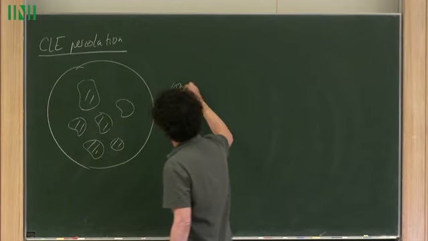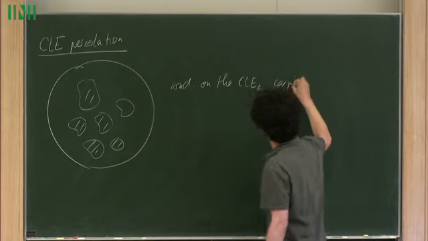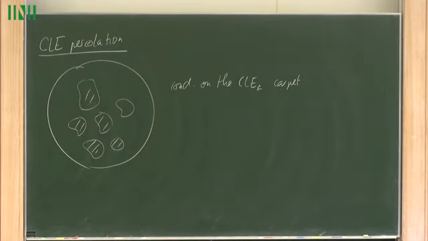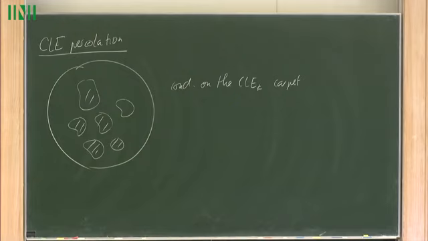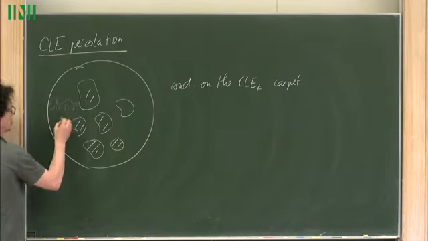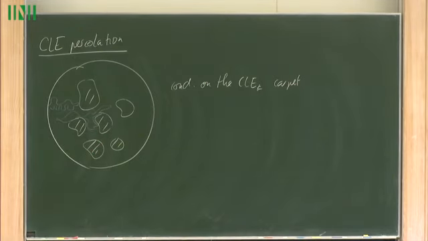If you condition on the CLE kappa carpet, there's a natural way to decompose the carpet into something that you can interpret as doing critical percolation within the carpet. So within this very thin thing, which is a fractal domain of dimension smaller than 2, you can define something that would play the role of critical percolation clusters that try to make their way in between the loops.